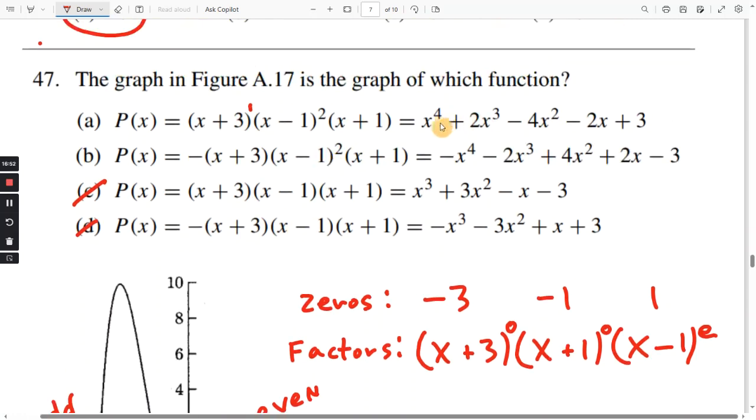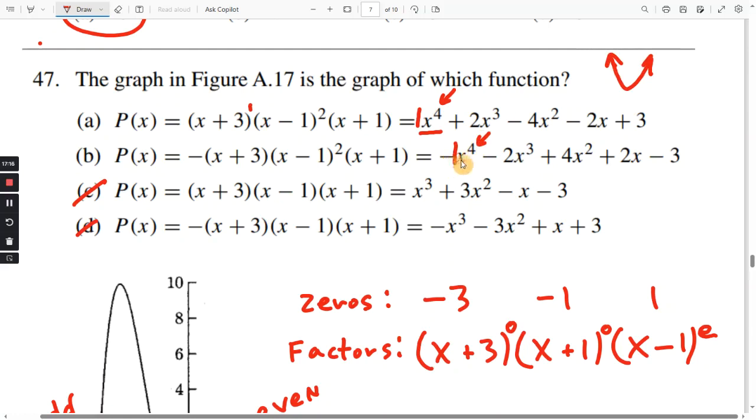Now, this one has x to the 4th. The exponent is even, and the leading coefficient is 1. That's positive. When it's even and positive, the graph basically is shaped like that. Now for this one here, the exponent is even and the leading coefficient is negative.